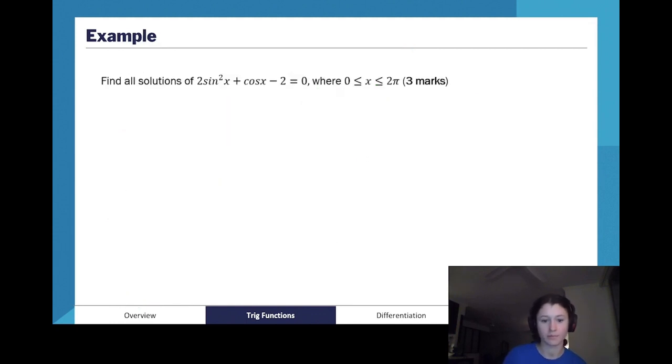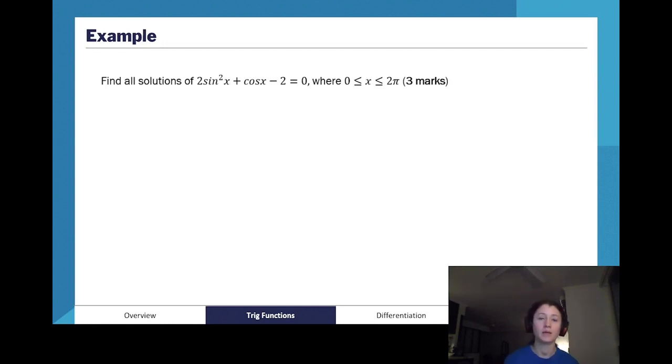Now let's get on to solving some trig equations. Again, make sure you pause the recording and have a go at this yourself.